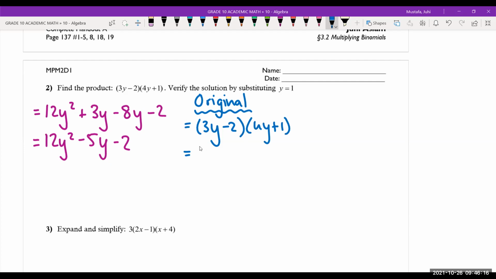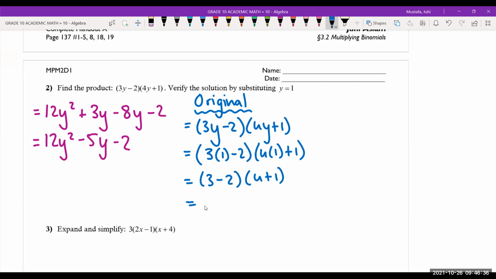So it's basically 3 times 1 is just 3. I'll write all the steps. 3 times 1 minus 2, and then this is going to be 4 times 1 plus 1. 3 minus 2, 4 plus 1.